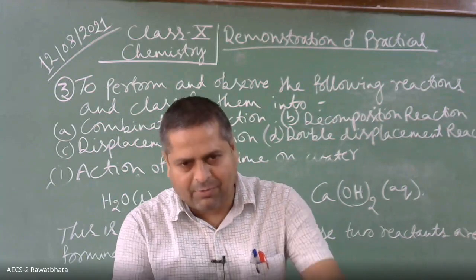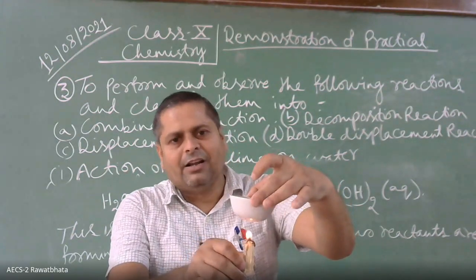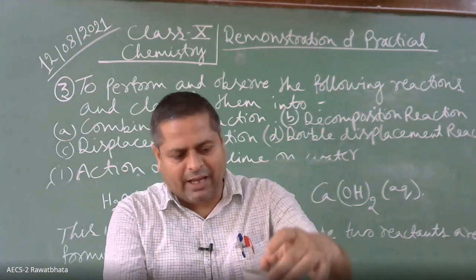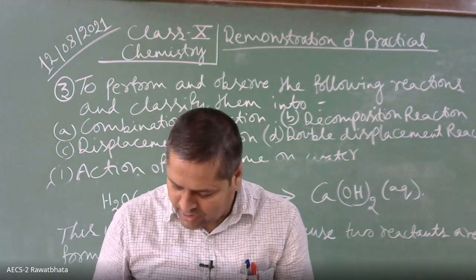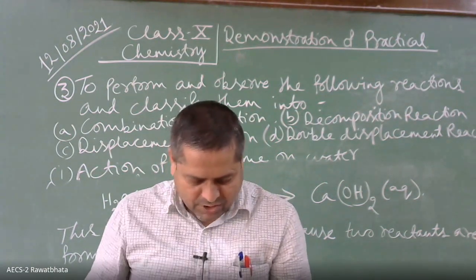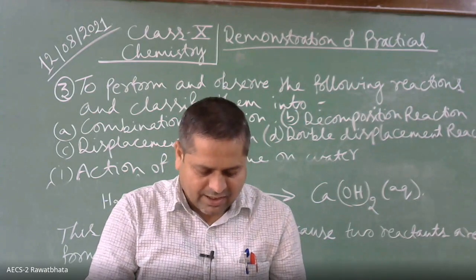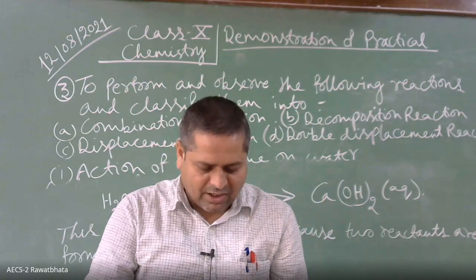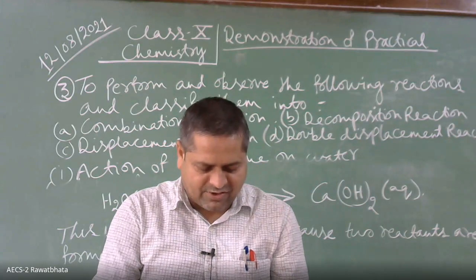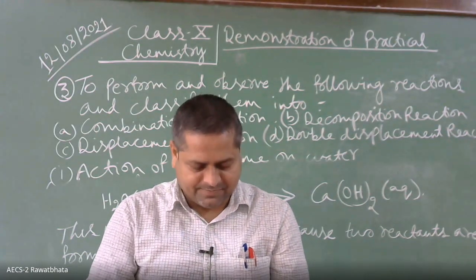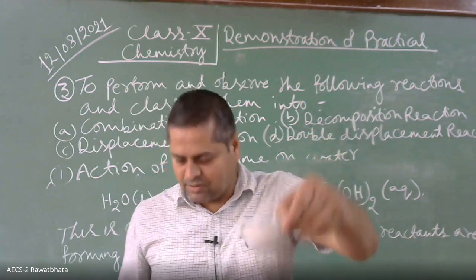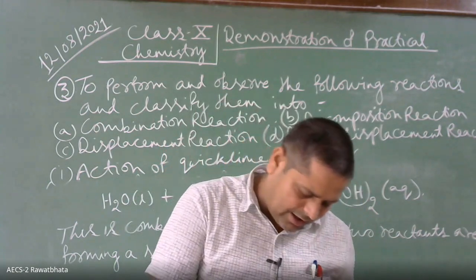I am heating it with the help of a candle, children. However, a Bunsen burner is required. And we will keep shaking it, and then after that we will see what is the color left. Okay, children, I am heating it.